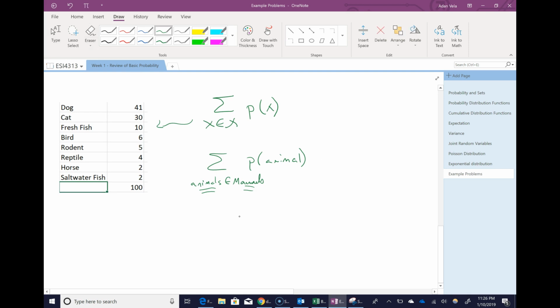So that would be equal to the probability of owning a dog, plus the probability of owning a cat, plus the probability, what else? Of owning a horse and a rodent. And I'm just going to write this on the next line.